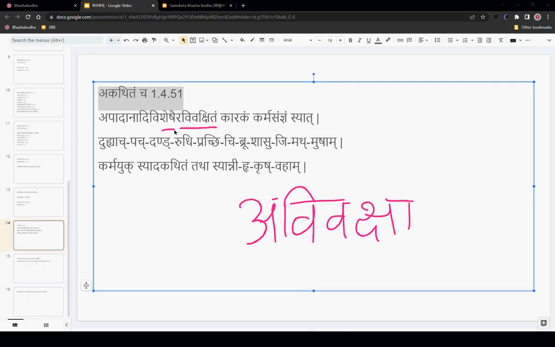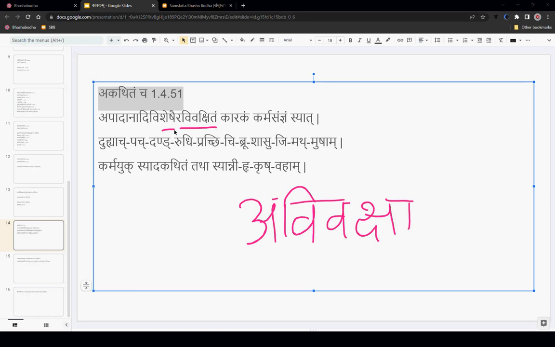There is no intention to express. Apadanadi karaka. Apadana, etc. Etc. means all of the karakas. Why is apadana there? Why not karanadi? Because apadana comes first in the Ashtadhyayi sutras.